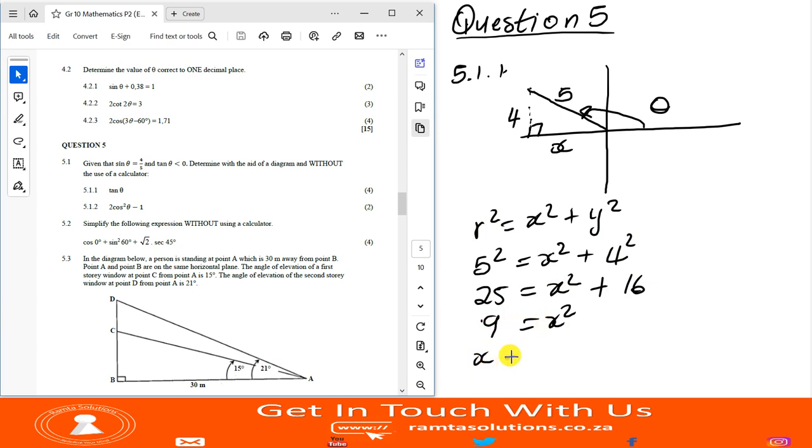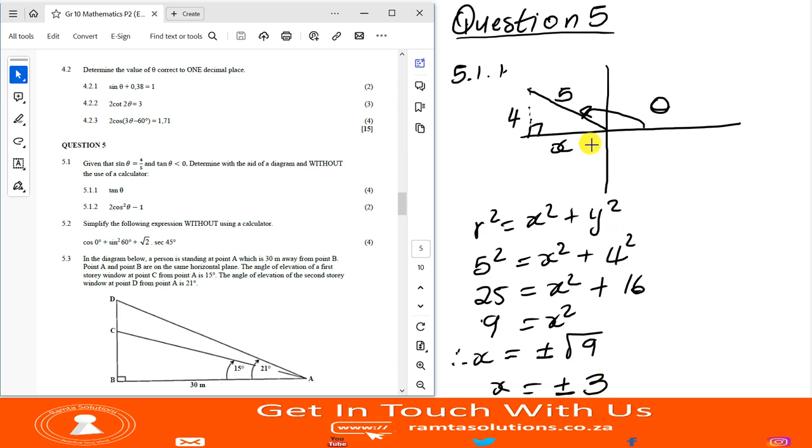Therefore, x equals plus minus square root of 9. Now, x equals plus minus 3, because square root of 9 is 3. Remember, they said without a calculator, so this is why I might be taking longer here. So it is equal to plus minus 3.